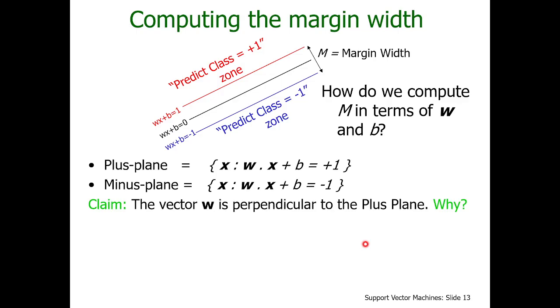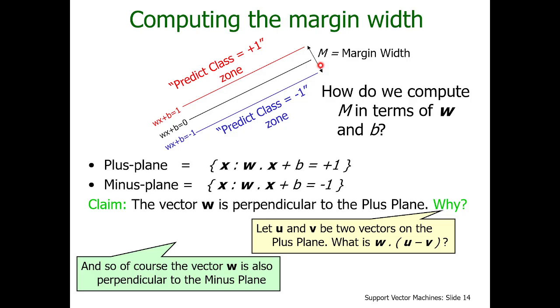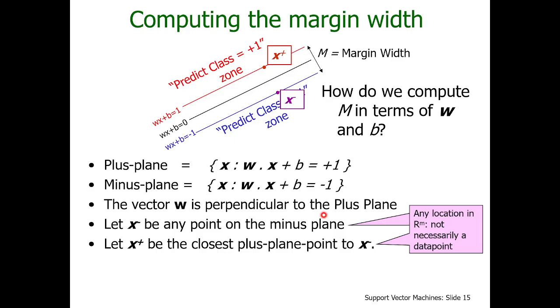And based on that, this is also given here, how you compute your margin width. You can get the margin width by calculating this m, and how you calculate this m is given in the next equation.